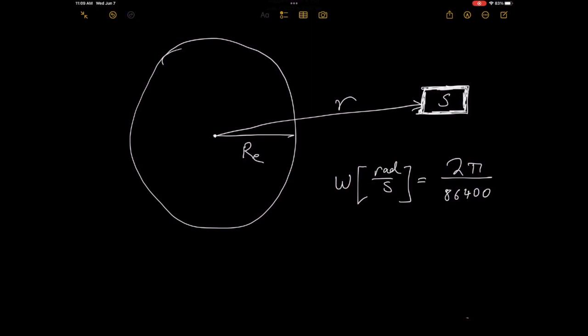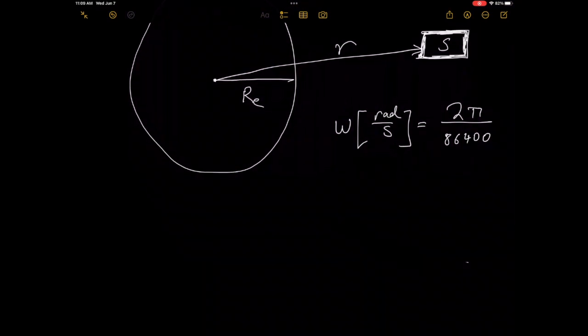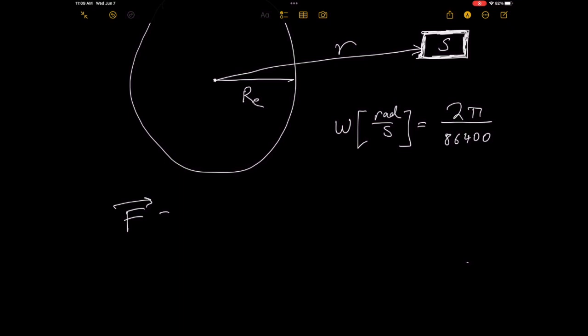So now, we have to find the centripetal acceleration, because from that we can get the radius. So let us write the equation of force down. The force between these two is negative G times the mass of the Earth times the mass of the satellite over r squared.